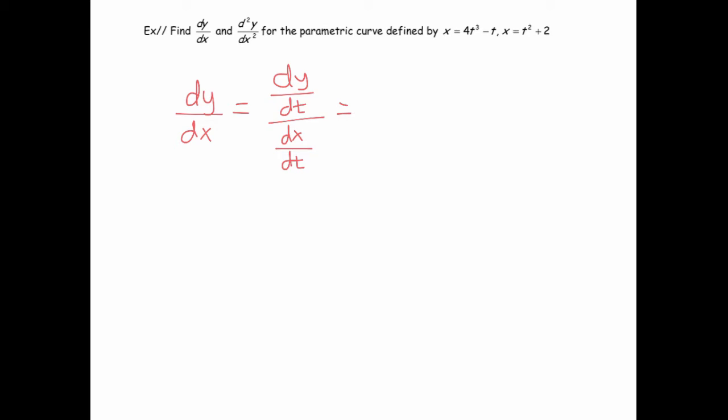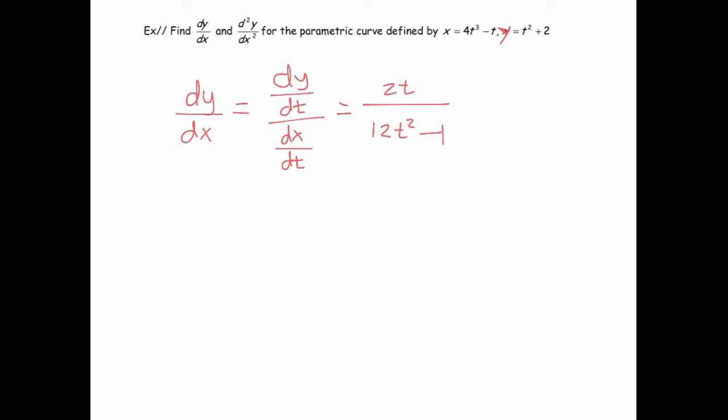This is supposed to be a y. Sorry about that. So dy/dt is going to be 2t, and dx/dt is equal to 12t squared minus 1. So that's straightforward.